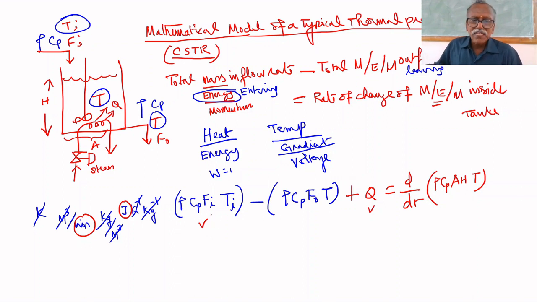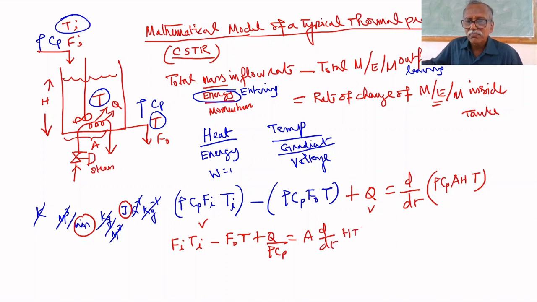If you divide both sides by rho Cp, you will get Fi Ti minus F naught T plus Q divided by rho Cp equals A d by dt of Ht, where A, the area of cross section of the tank, is constant.